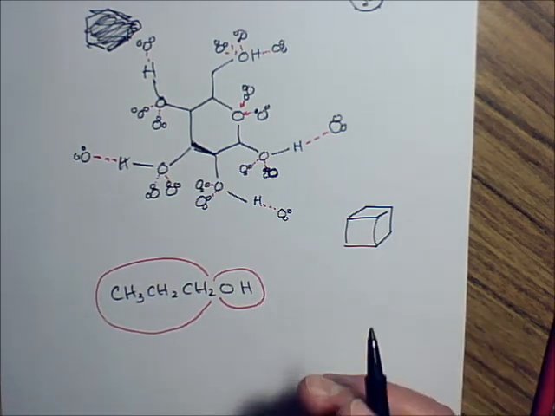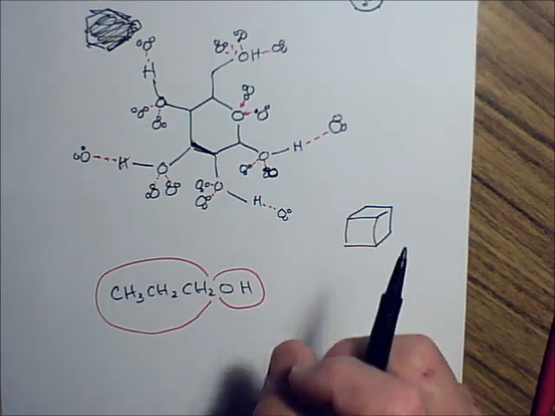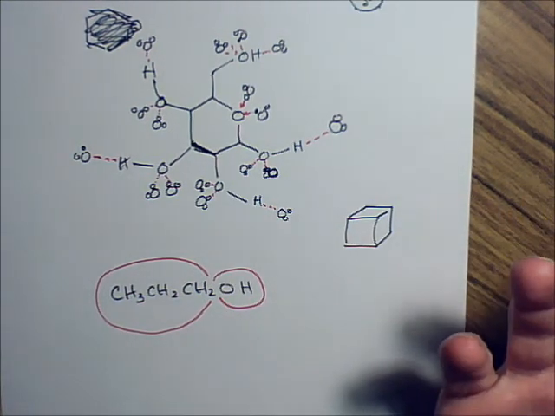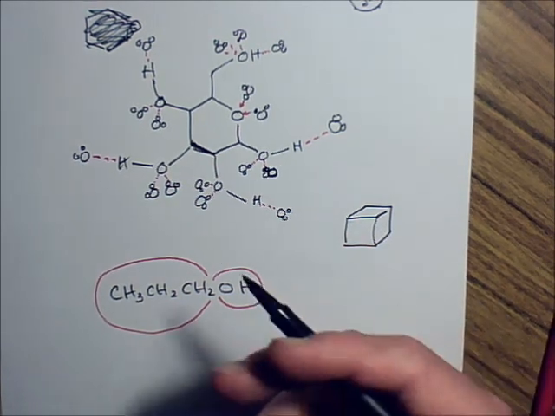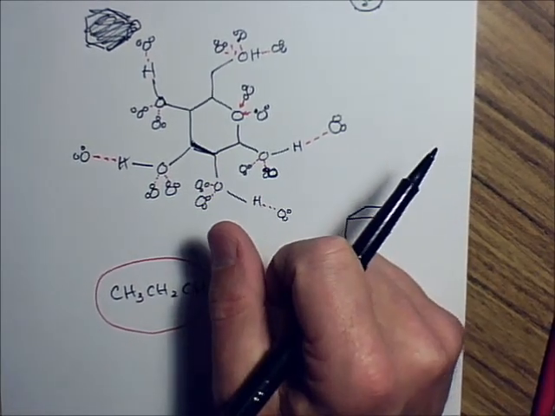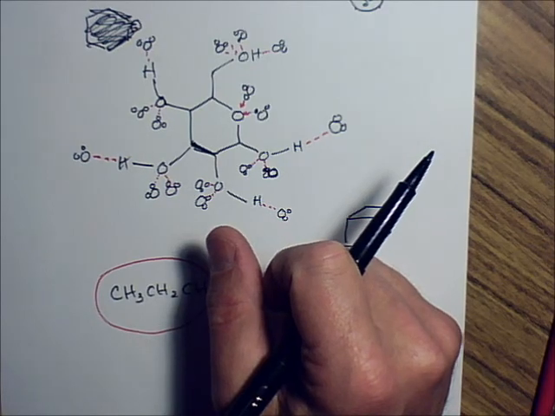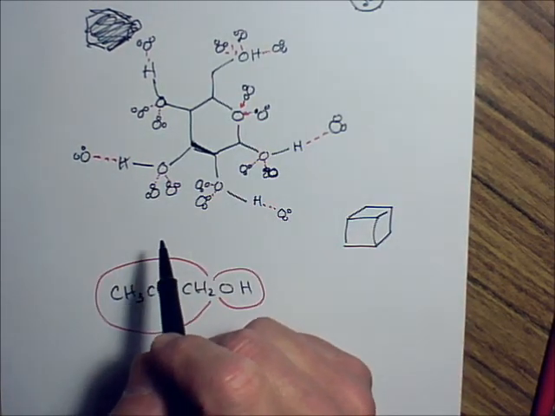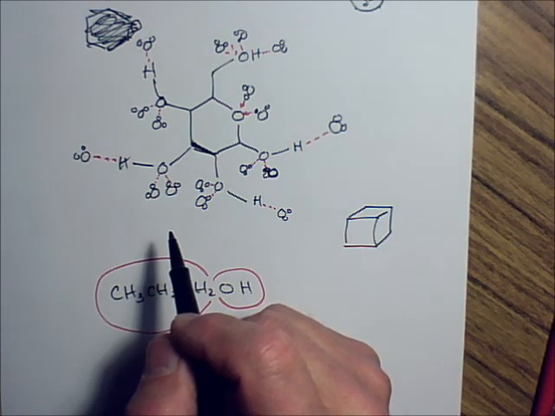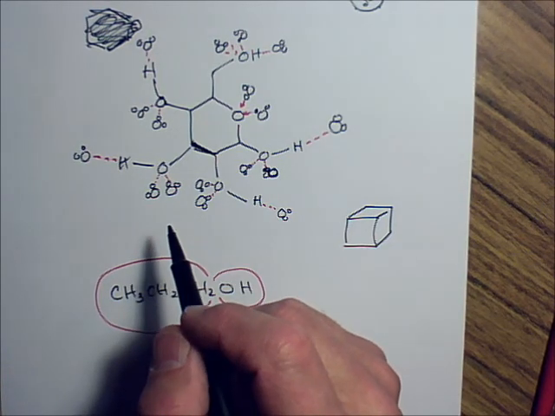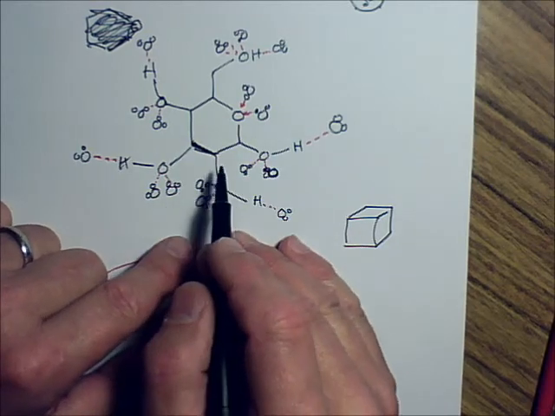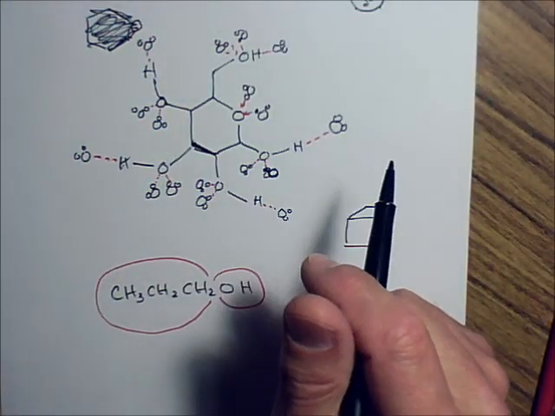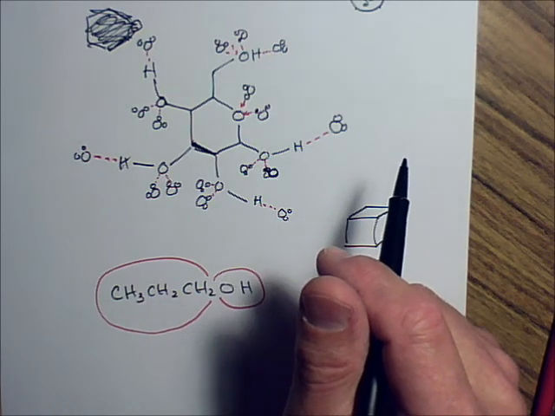You can think about that pulling action as pallbearers holding up a casket. I know it's kind of a sad thing to think about, but there are places to hold on to it, just like these water molecules can hold on to these places on the sugar molecule and carry it along. And so it allows the sugar molecule to be carried along into the matrix of water, all those water molecules.